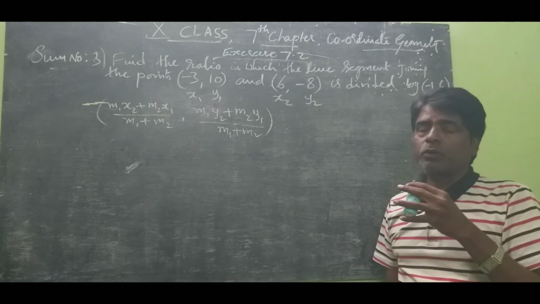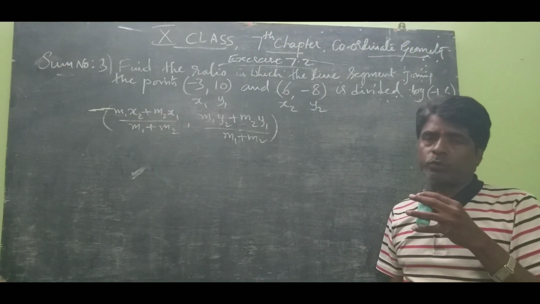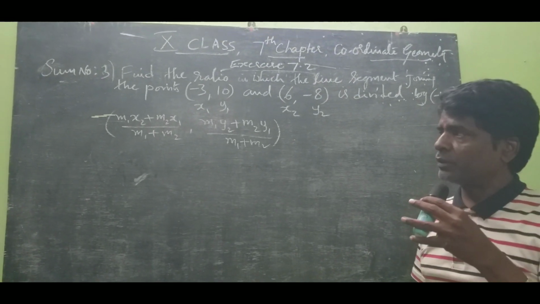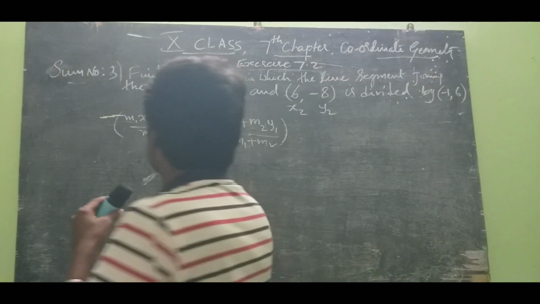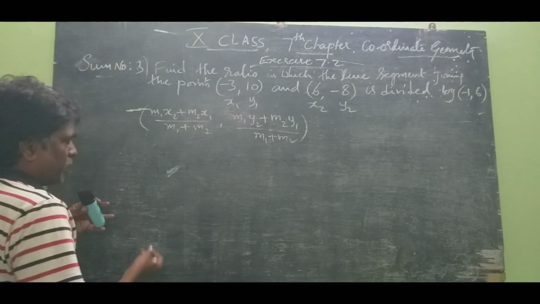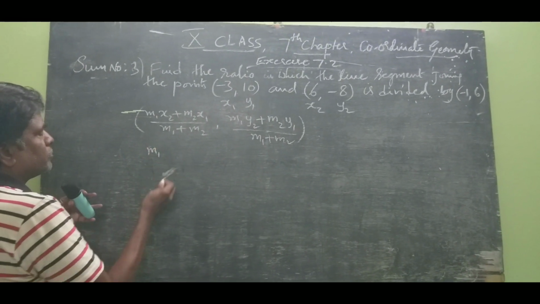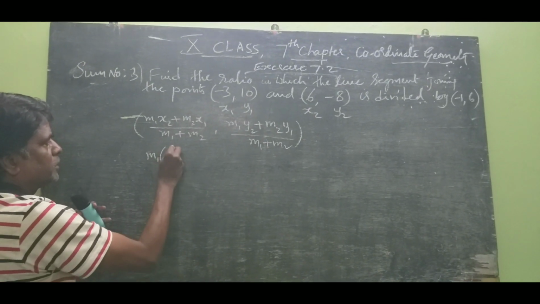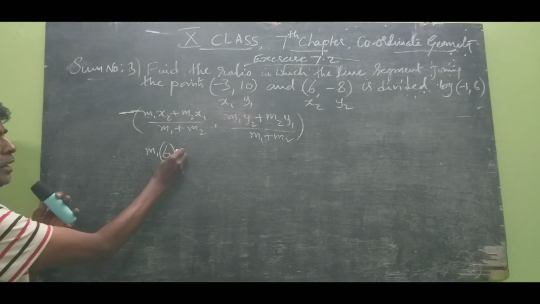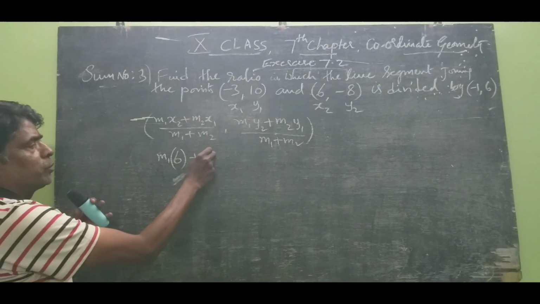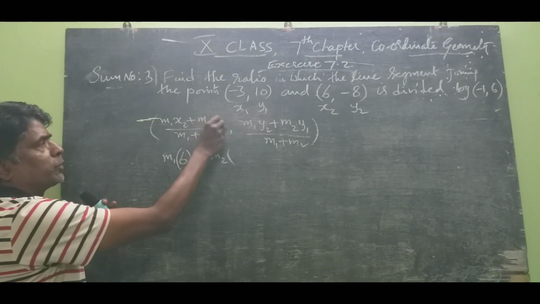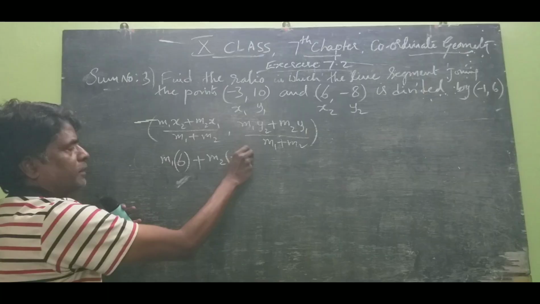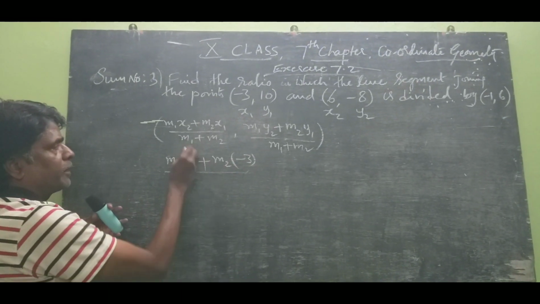So we are going to find the m1 value and m2 value, so that we know the ratio. So substitute: m1 times x2, what is x2? 6. Plus m2 times x1, which is -3, by m1 plus m2.